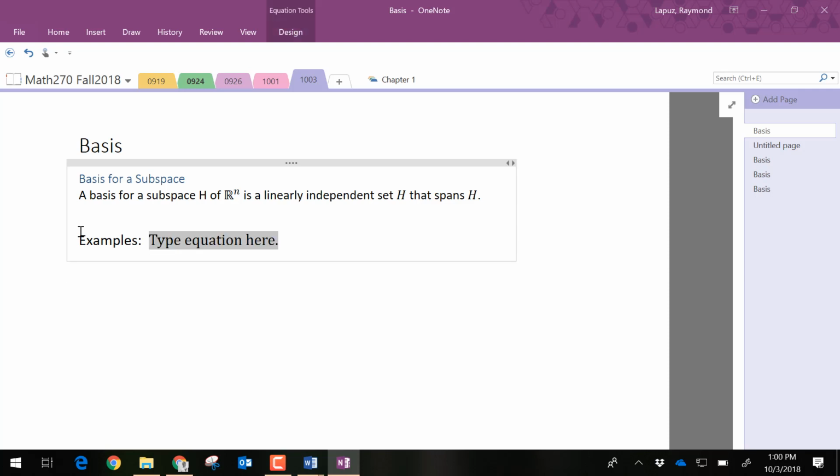Let's take a look at V equals Rn, and we had a couple of really simple examples of subspaces. We said that 0 is a subspace. Let's call it H0 equals the 0 vector.